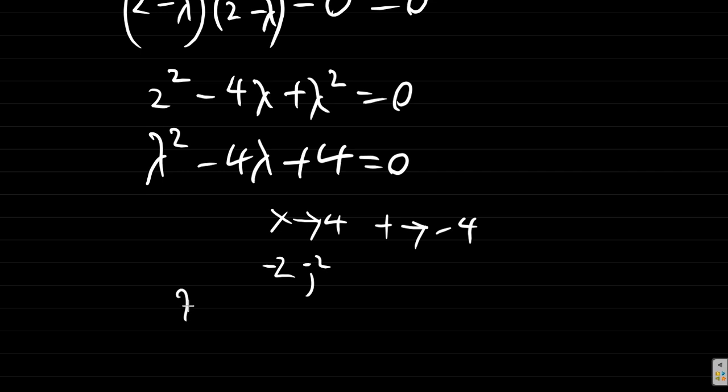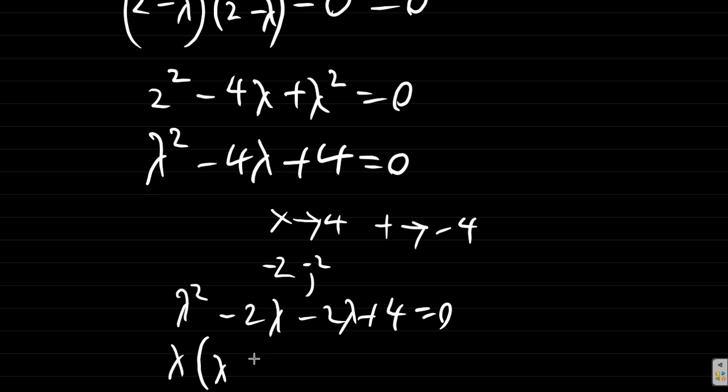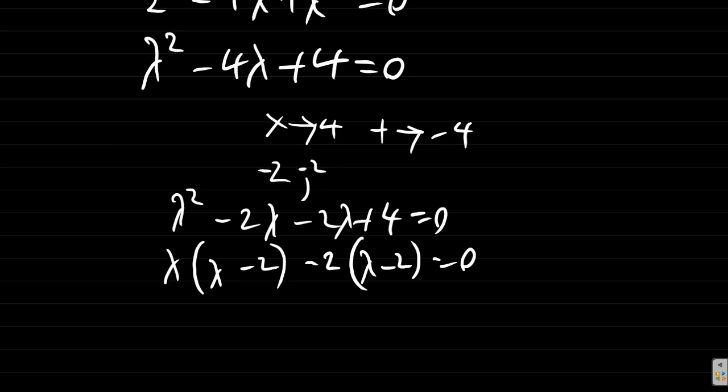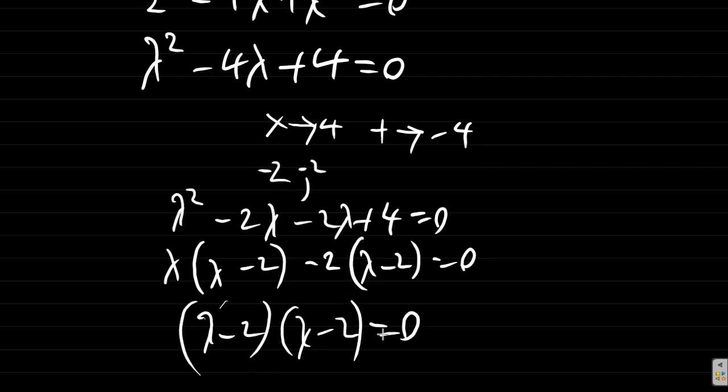Because we would have lambda squared minus 4 lambda plus 4 equals 0. So lambda minus 2 times lambda minus 2 equals 0.